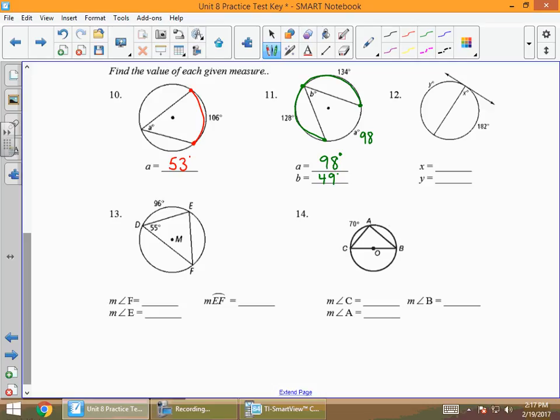Number 12, it looks like we have a tangent line and what appears to be a diameter. And it says it is x degrees.